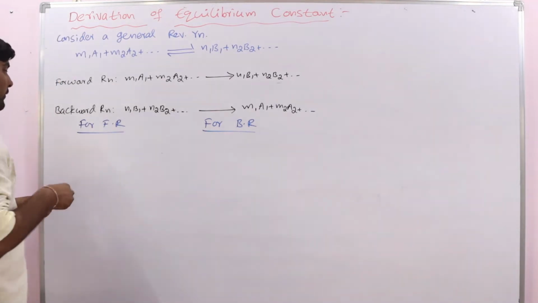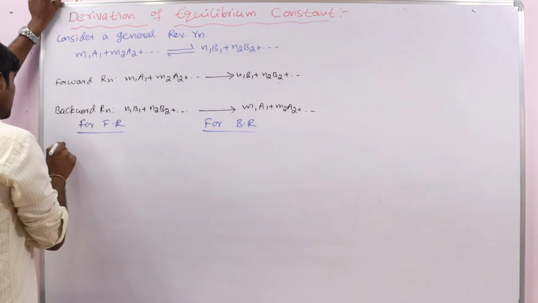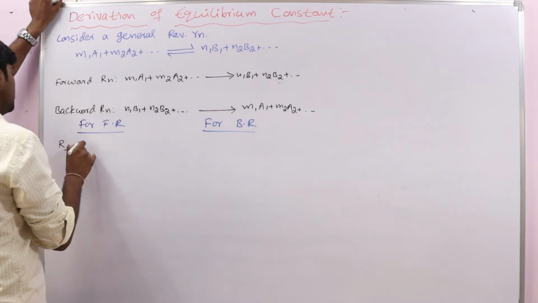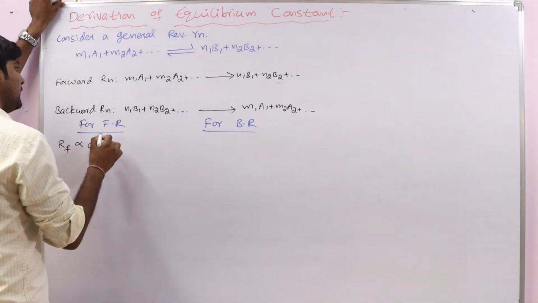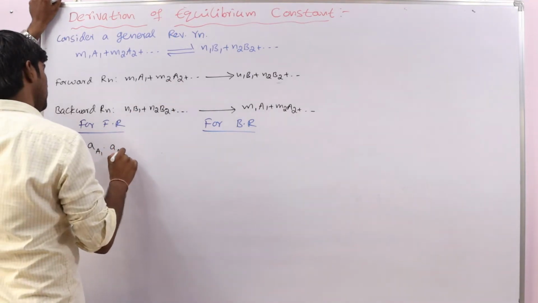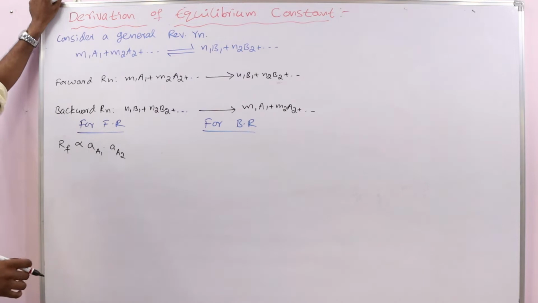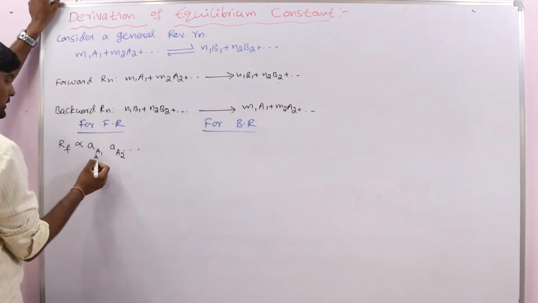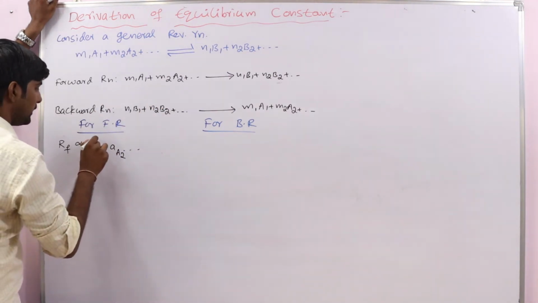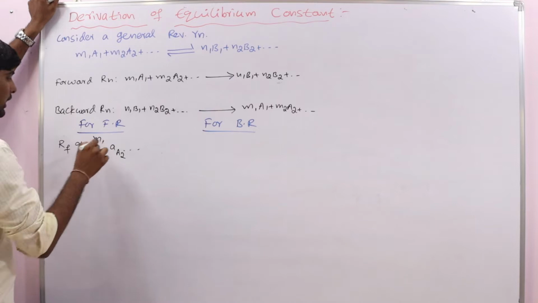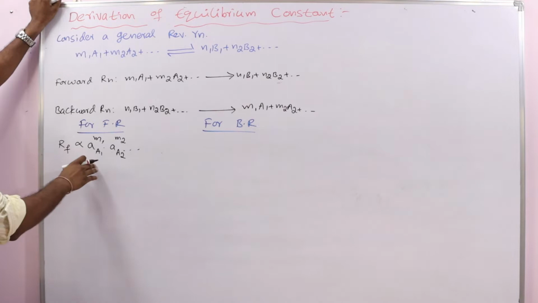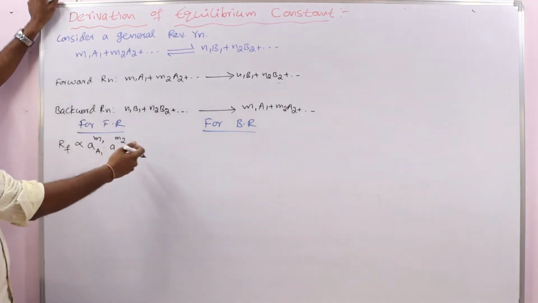So the rate of forward reaction, RF, is directly proportional to the active mass of A1 into the active mass of A2, with the stoichiometric coefficient here being m1. So active mass of A1 whole power m1, active mass of A2 whole power m2, into active mass of A3 whole power m3 and so on.